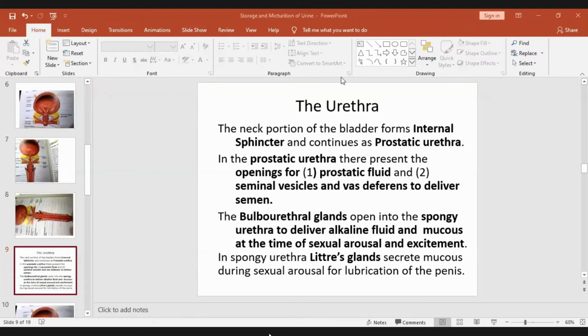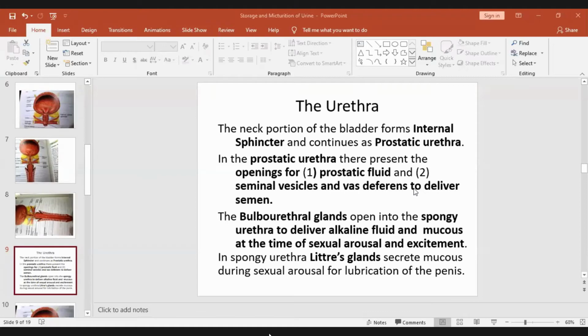Another thing is, in case of males, it is responsible for preventing the reflux of the semen during ejaculation. Now, the prostatic part of the urethra has openings for prostatic fluid, as we talked about. It has openings for seminal vesicles and vas deferens for delivery of the semen.